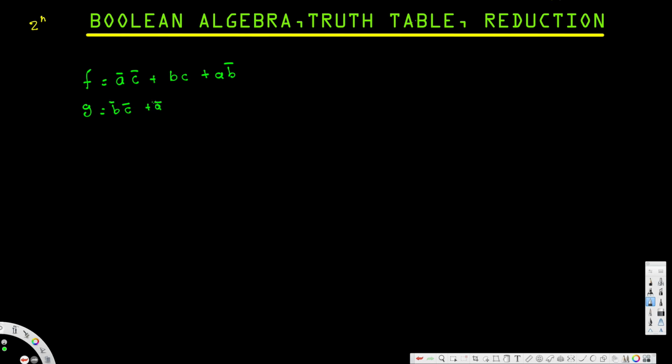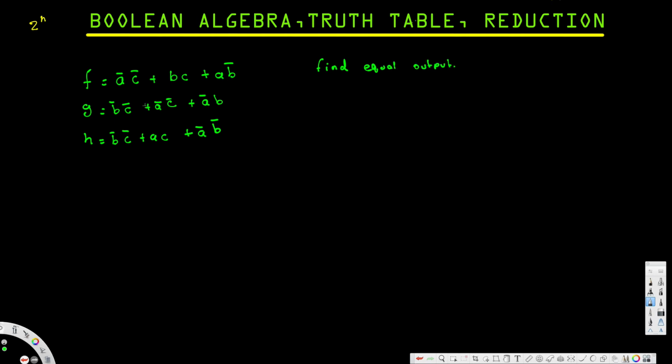Actually this one is b bar c bar, a c plus a bar b, and this one also bar, and then the last one is h is equal to b bar c bar plus a c plus a bar b bar. So find equal output.